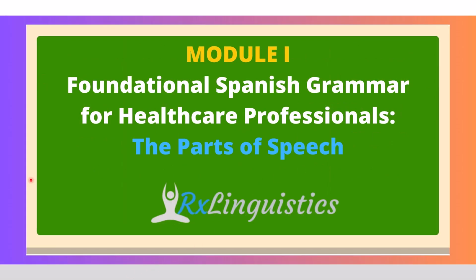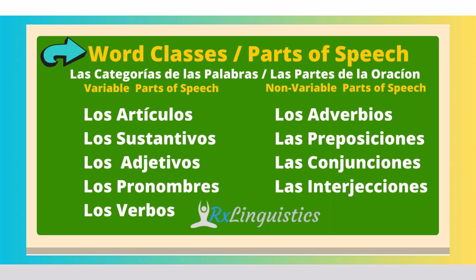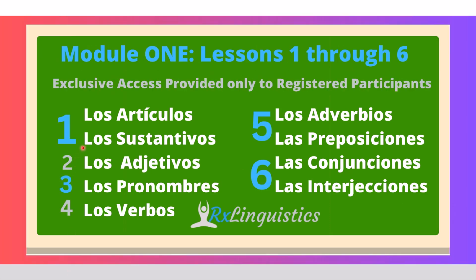So this is the foundational Spanish grammar, the parts of speech, and this is what it contains. You learn the articles, nouns, adjectives, pronouns, verbs, adverbs, prepositions, conjunctions, and interjections. Those are 9 parts of speech, but I group them under 6 lessons. Lesson 1 is articles and nouns. Lesson 2, lesson 3, lesson 4.